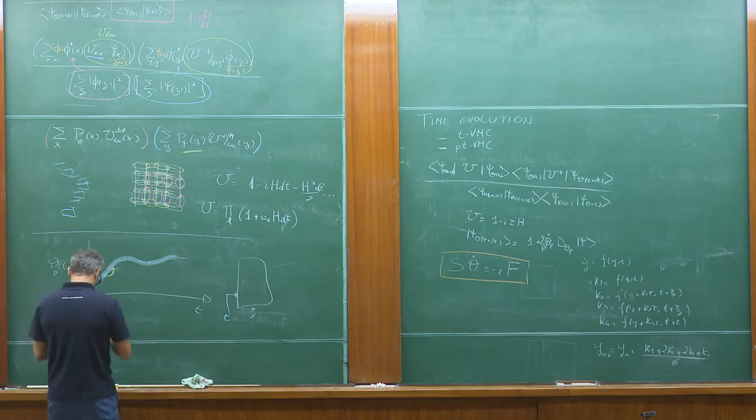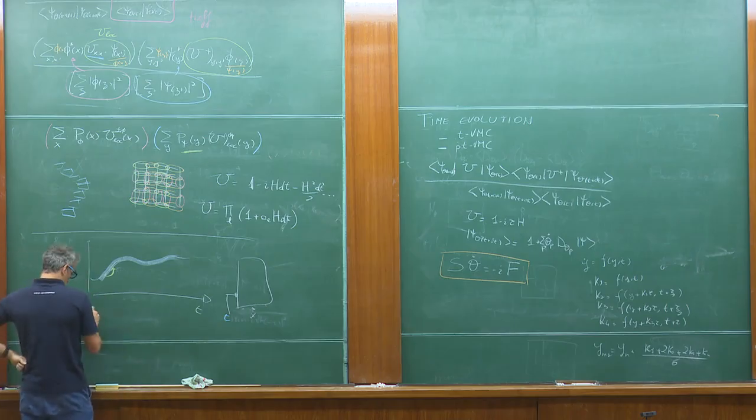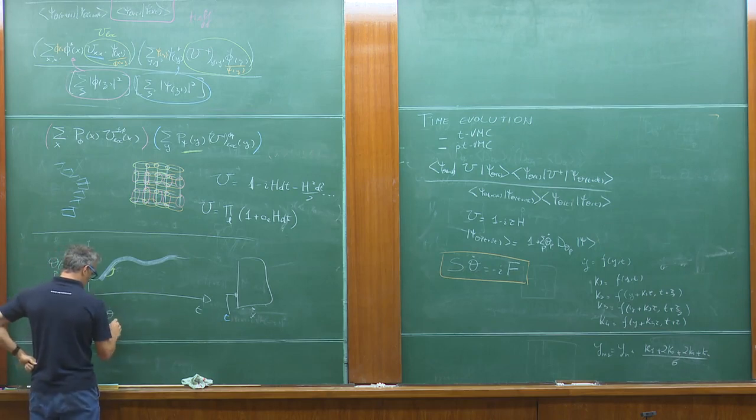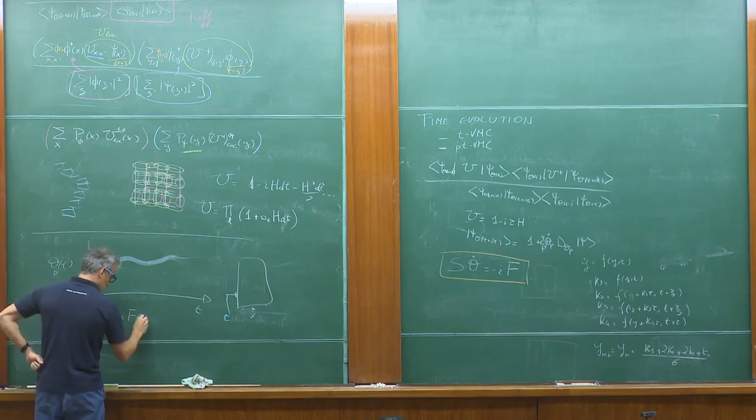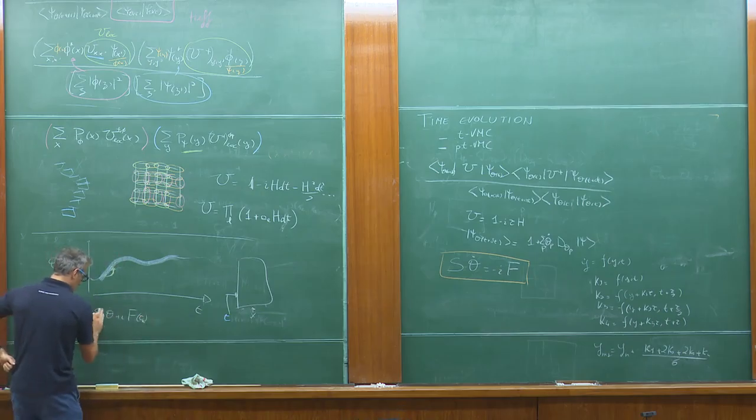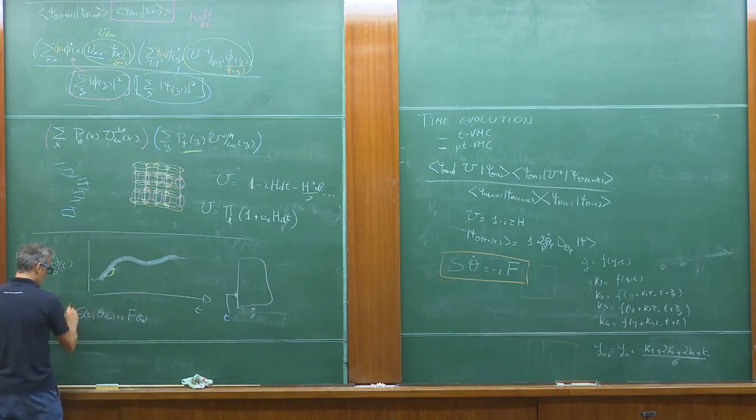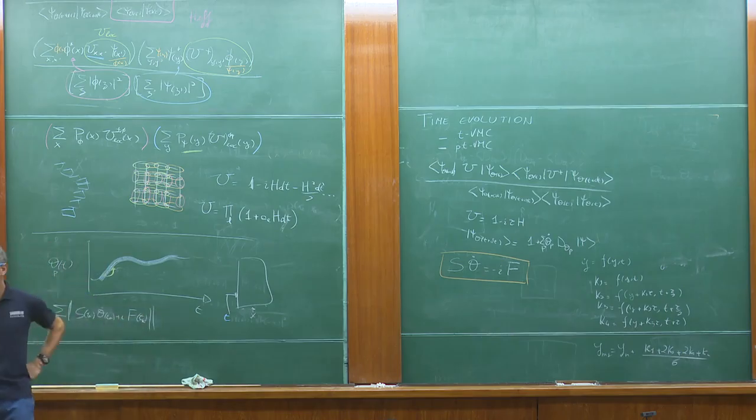And then the loss function is basically TVMC at different times, let's say t_k, so everything is a function of time t_k, and then they sum over the different times.